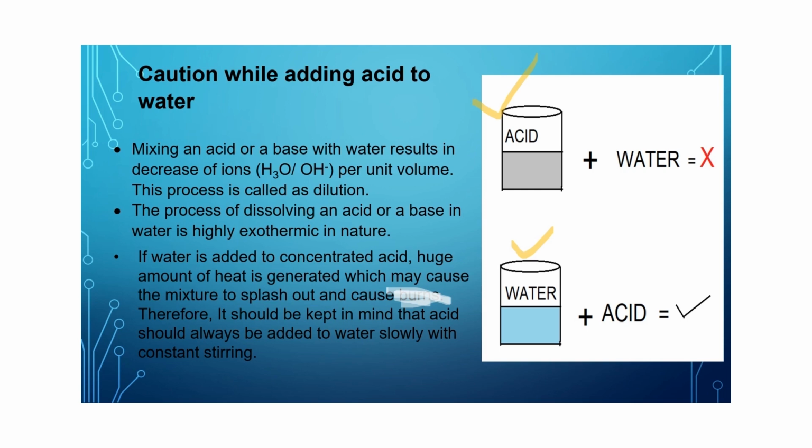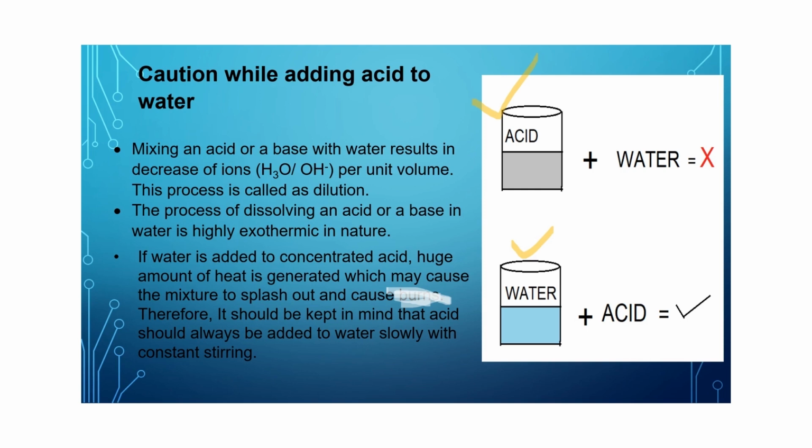Why? Because if water is added to concentrated acid, a huge amount of heat is generated and this may cause the acid to splash out of the beaker and cause severe burns. Therefore, always keep in mind that acid should be added to water and not the other way round.